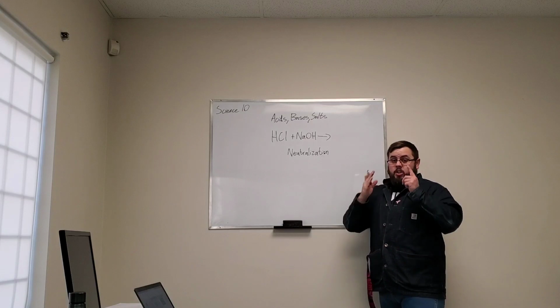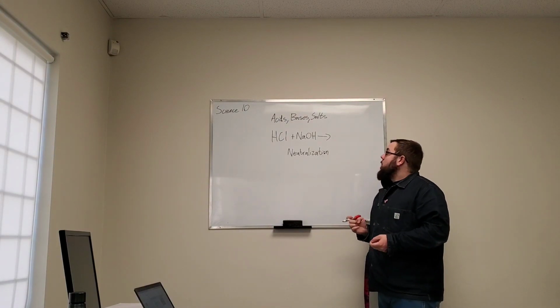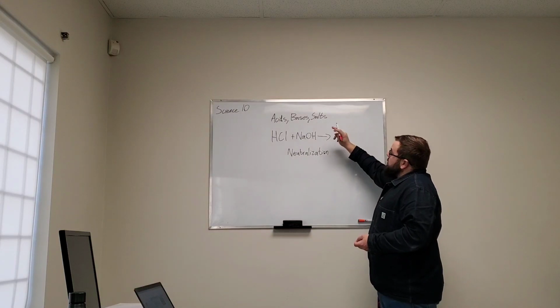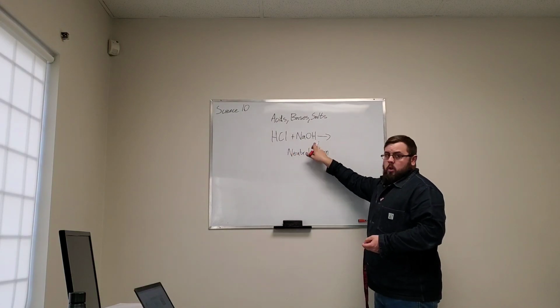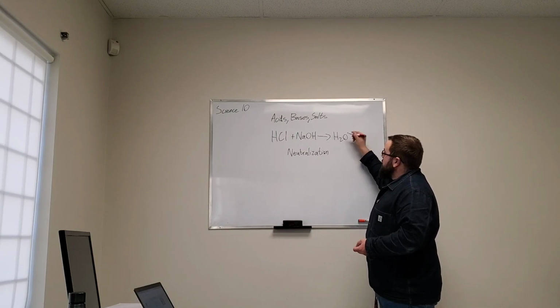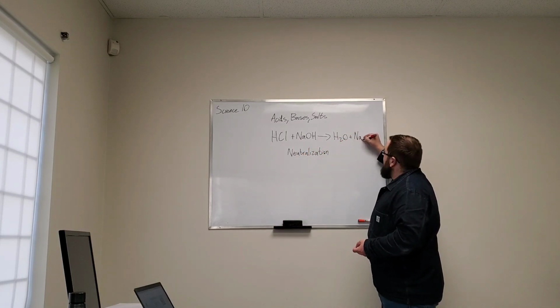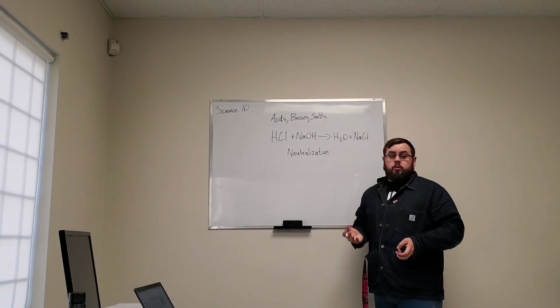Now, a neutralization reaction is just a specific double replacement reaction where the hydrogen and the hydroxides are going to come together to form water. And the remaining piece is going to form something called a salt.